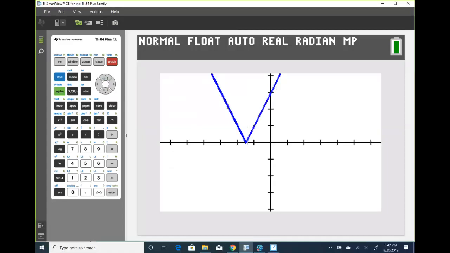But I have a minimum value here. That minimum value, it's really helpful to identify. And if I go and hit trace, this is the nice thing about that zoom decimal, the tracing goes in decimal form, goes up by a tenth because I have it set up to that default. And if I look over here, when y is equal to 0, I have that minimum value when x is equal to negative 1.5.